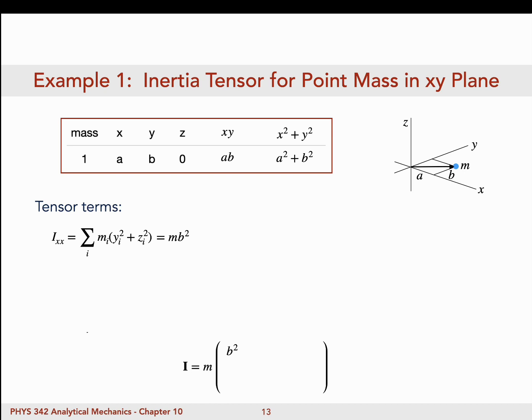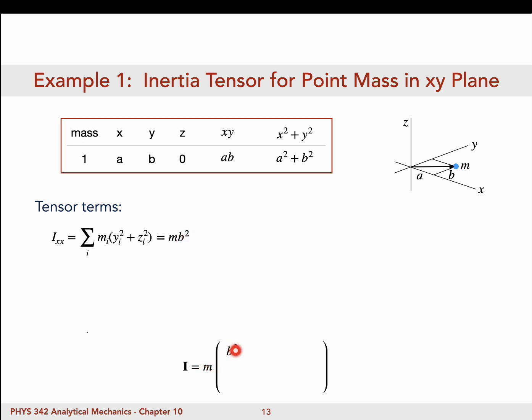So let's look at this. The first term, the Ixx term, is y squared plus z squared. z is 0, so this is just going to be m b squared. We're going to factor out an m in front because that's going to be present in every term, and we'll just write the other part in our matrix.